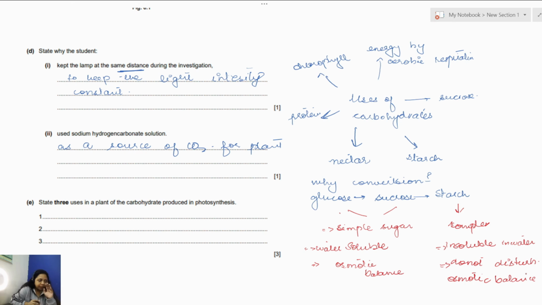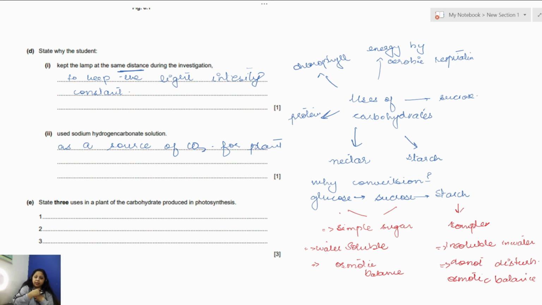Now listen. Once it is stored in the plant, converted into a complex sugar, it cannot dissolve. Now there won't be extra salt in the water. It means water cannot exit the cell.